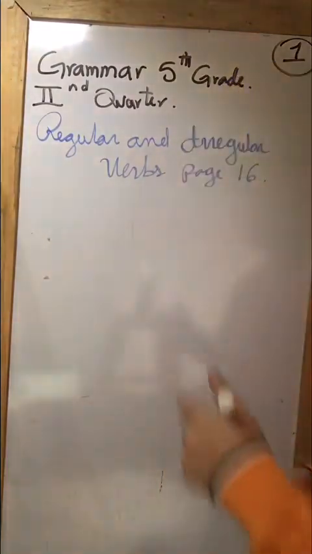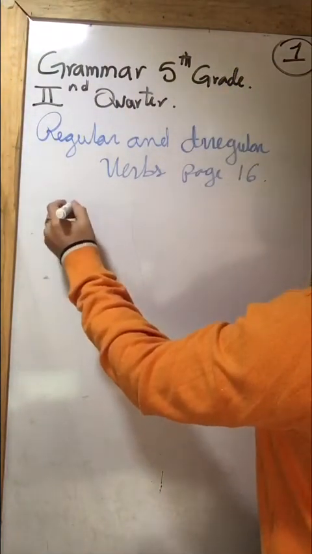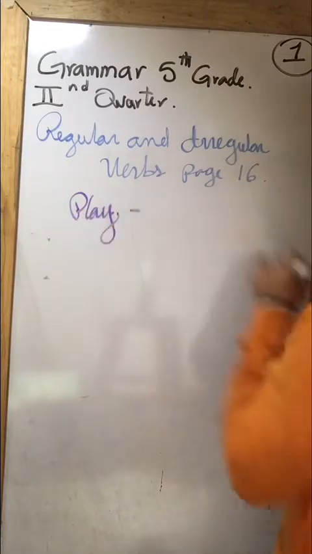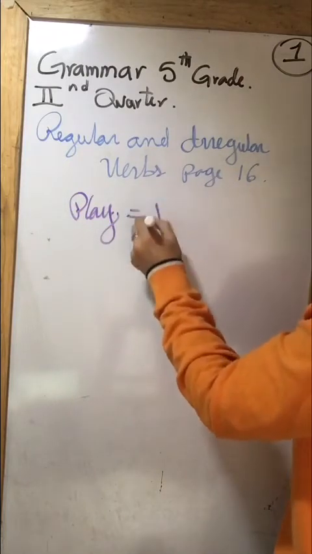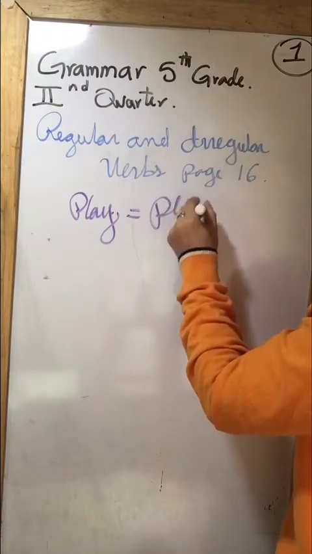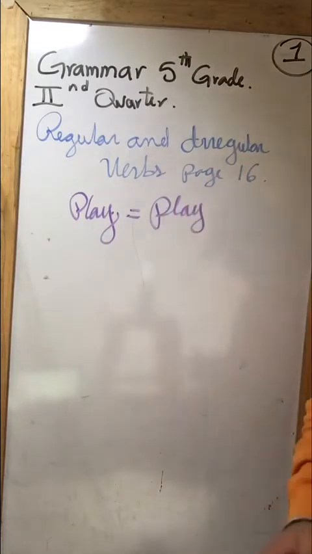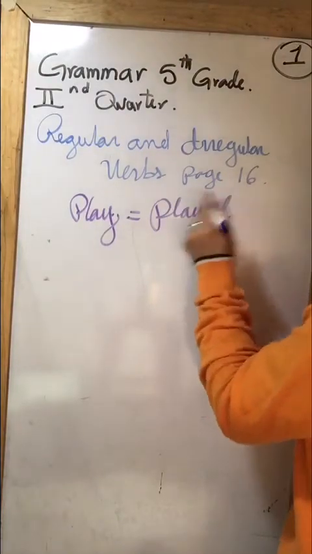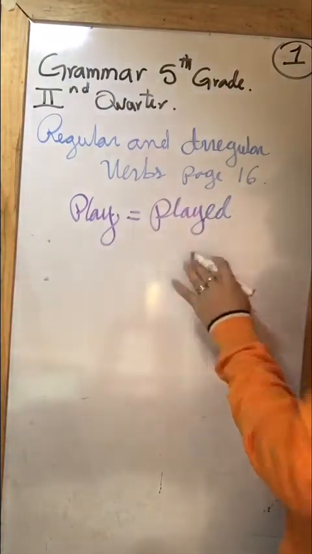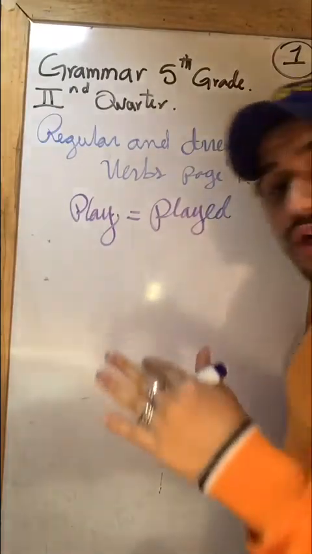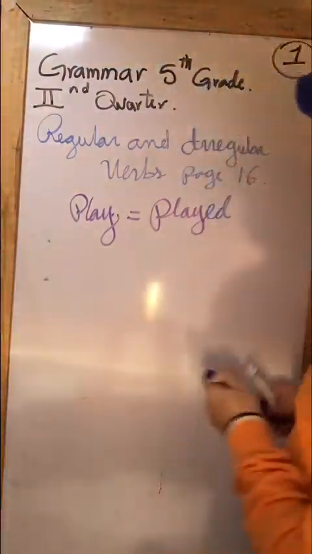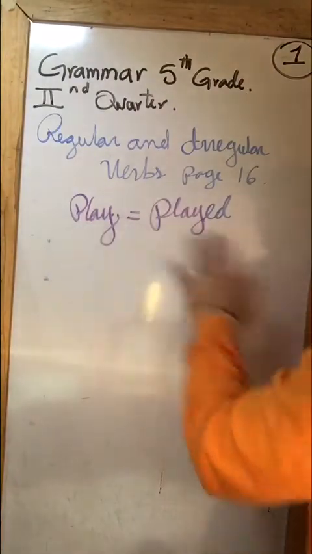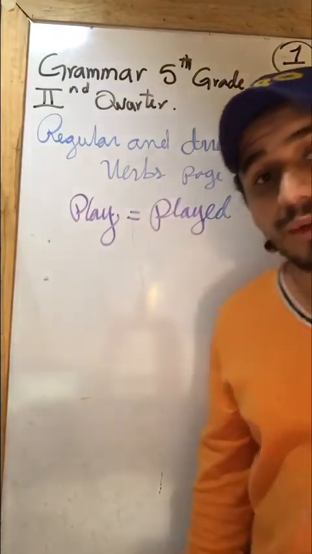For an example, if we write the word play, and then we add ed at the end, then we would make it past. We would go from play right now to played in the past, something that is gone and you cannot have anymore. So this is a very easy way to do your past, and we have done this before multiple times.